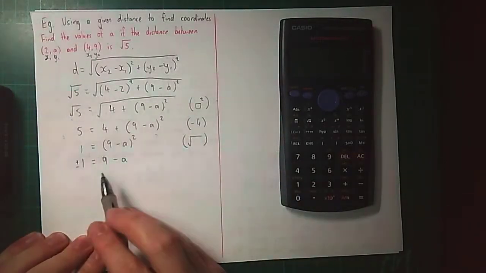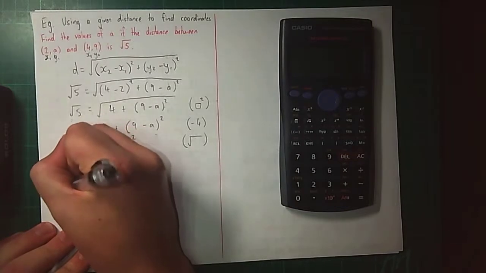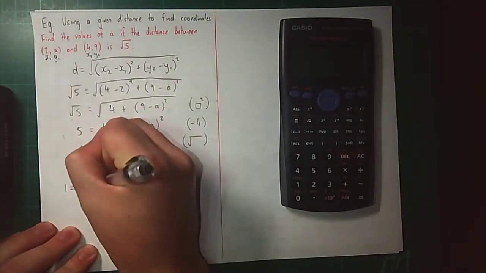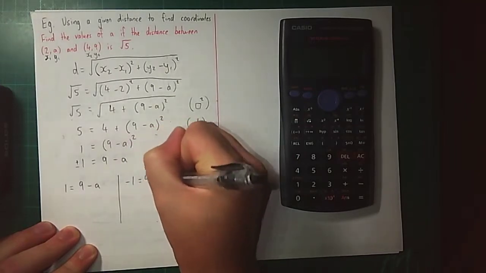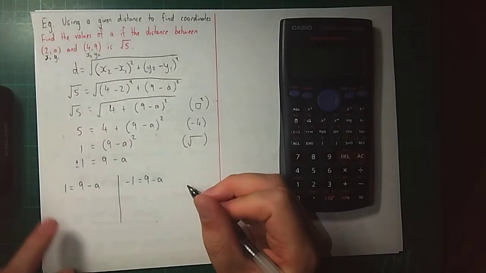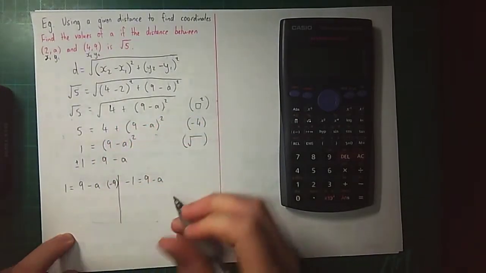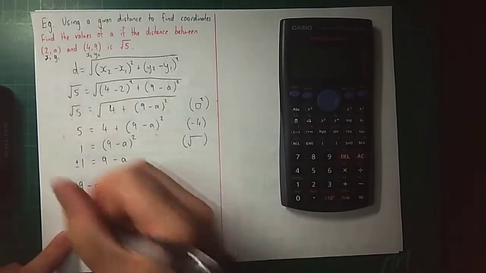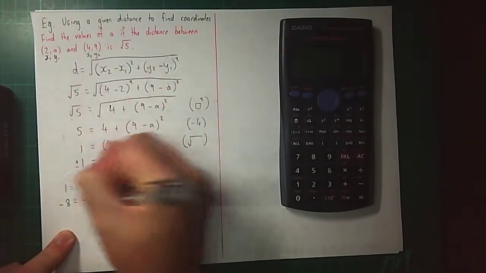So that brings us to a situation where we have now two equations. We have one where 1 is equal to 9 minus a, and negative 1 is equal to 9 minus a. Okay, so if we solve these, of course, I'm going to take 9 away from both sides. So we've got 1 take away 9 is going to be negative 8 is equal to negative a.